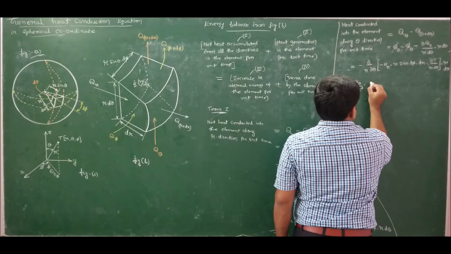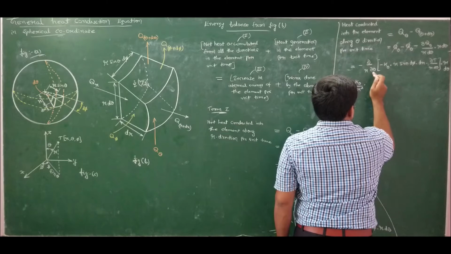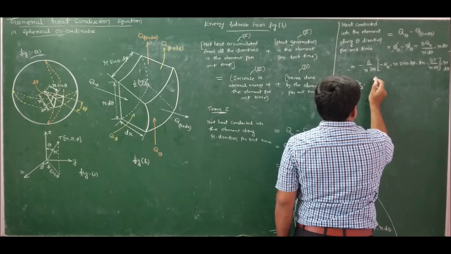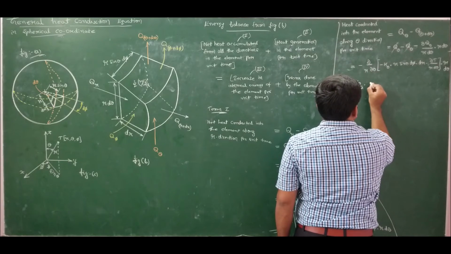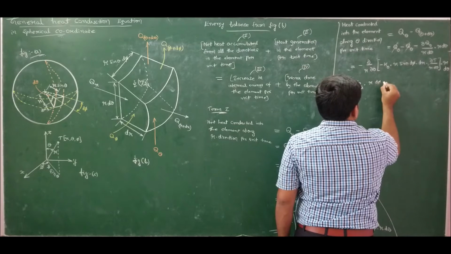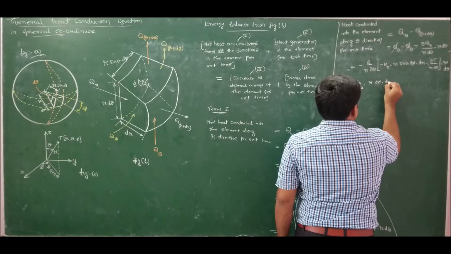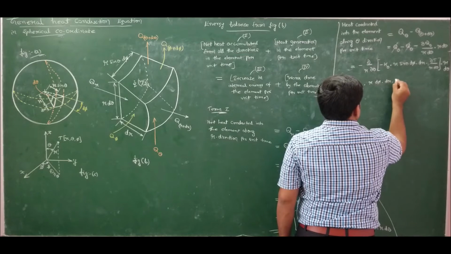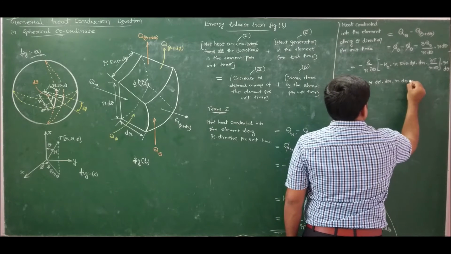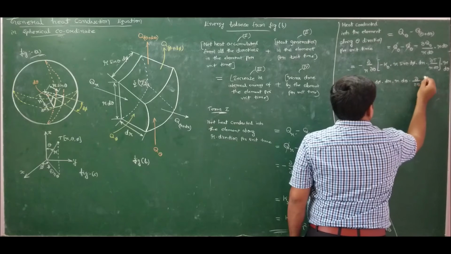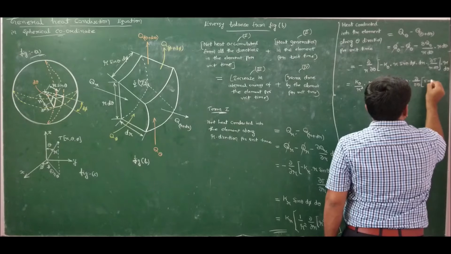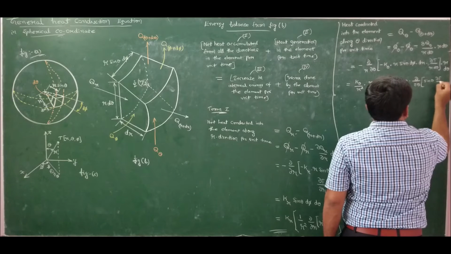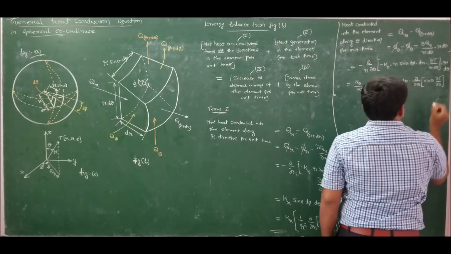Since we are differentiating with respect to theta, I should keep theta terms inside and take out the remaining terms. If I take out the remaining terms except theta, we have r d phi dr into r d theta into dou by dou theta of the theta term, which is sin theta.